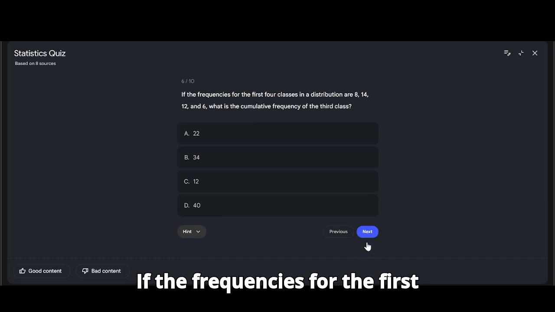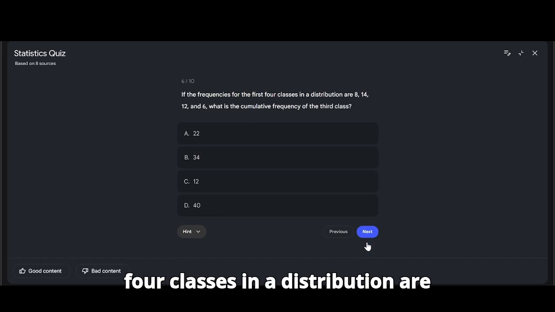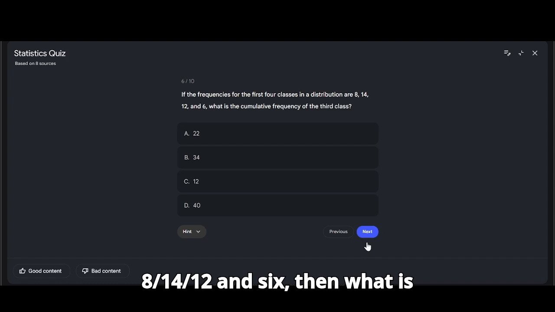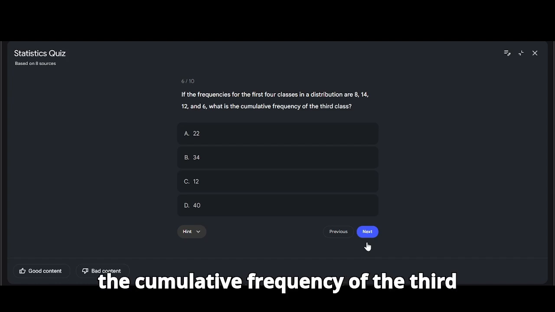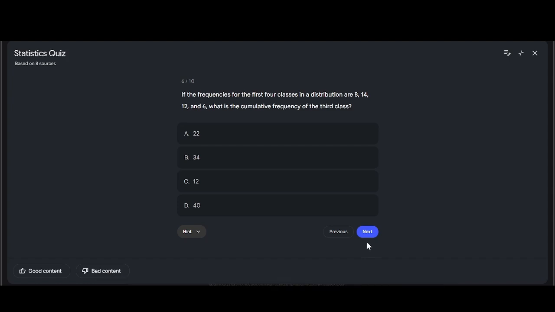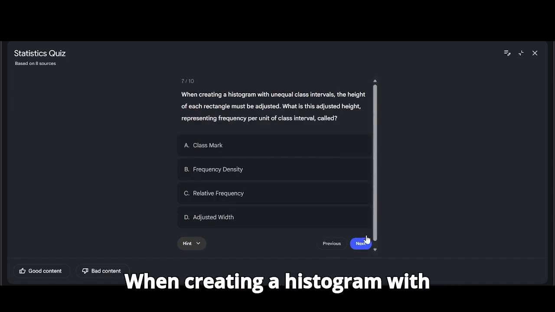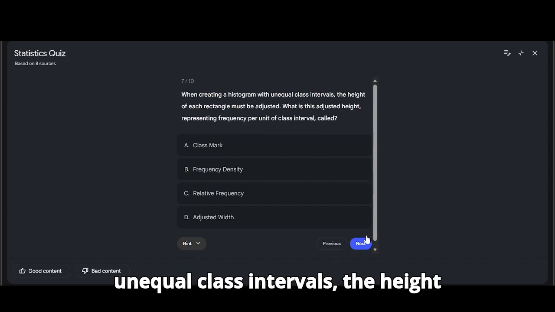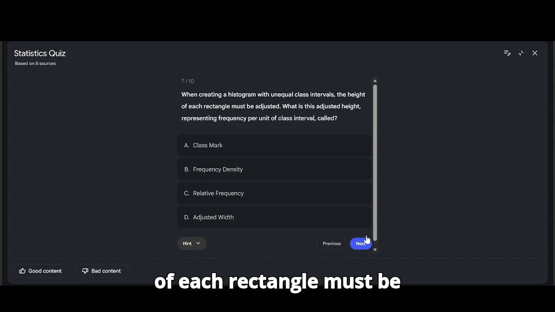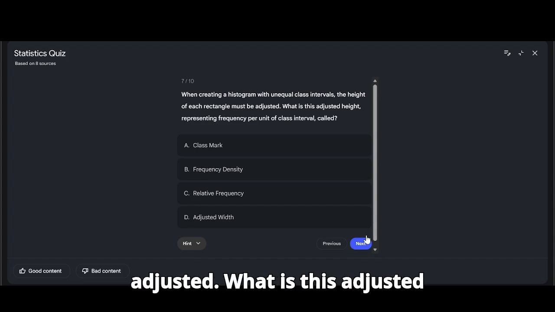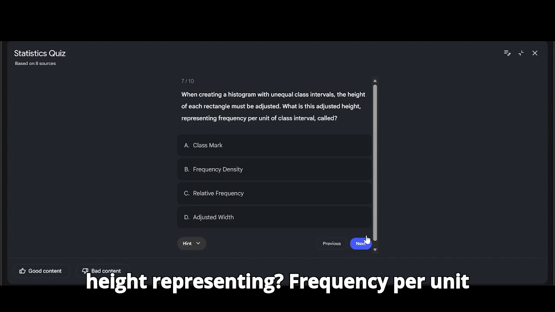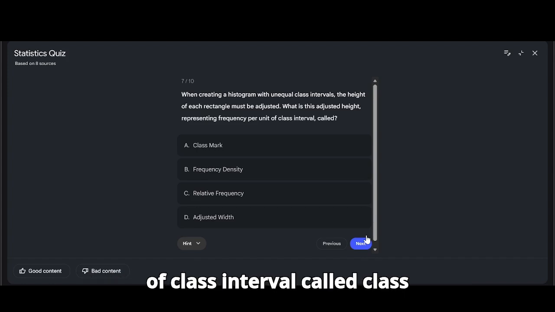If the frequencies for the first four classes in a distribution are 8, 14, 12, and 6, then what is the cumulative frequency of the third class? When creating a histogram with unequal class intervals, the height of each rectangle must be adjusted. What is this adjusted height representing frequency per unit of class interval called?